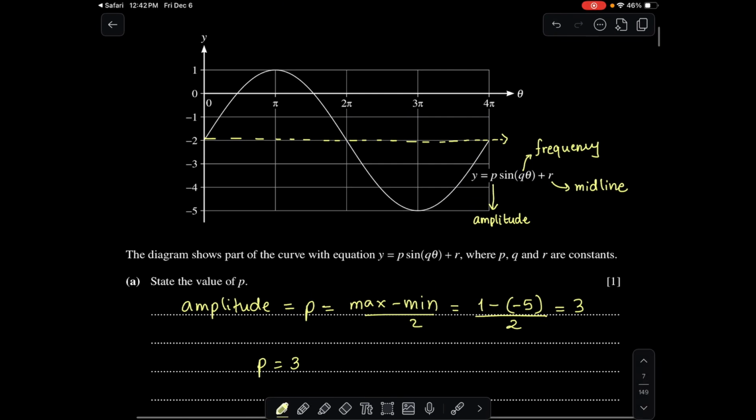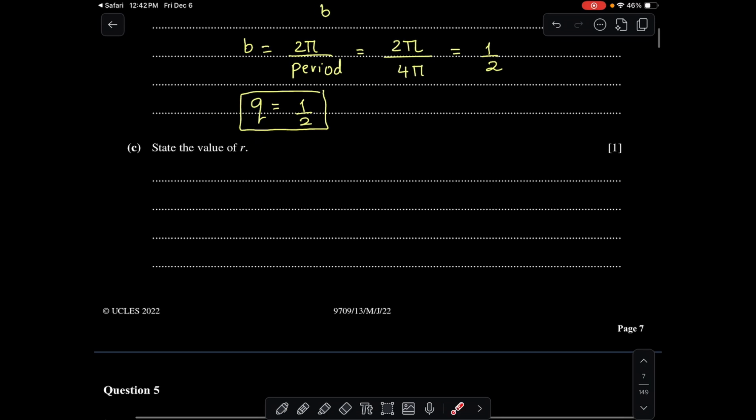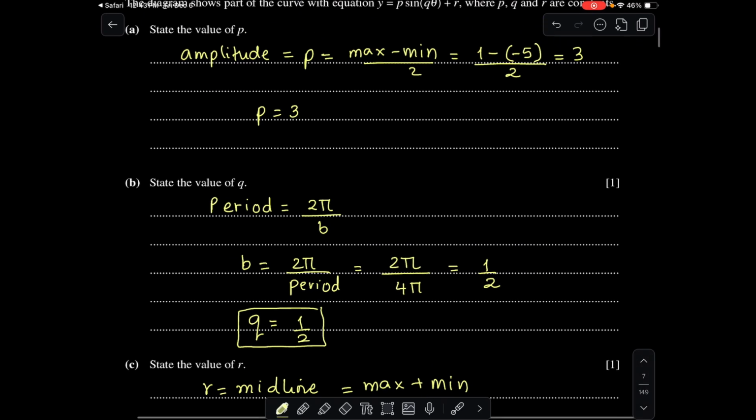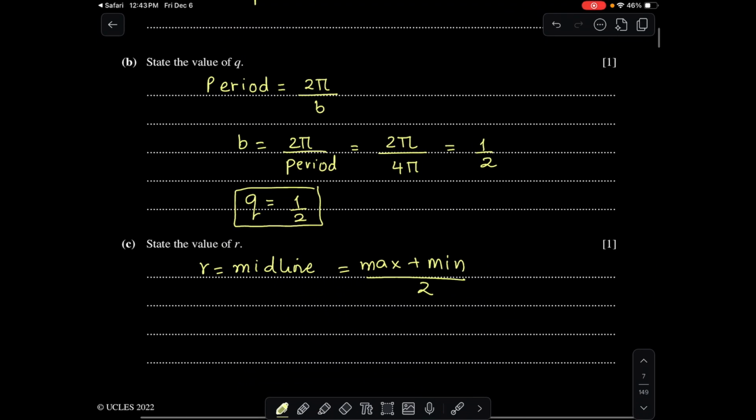Now part C, you need to calculate R. R is the midline. So midline is max plus min divided by 2. The maximum value you have here is 1.